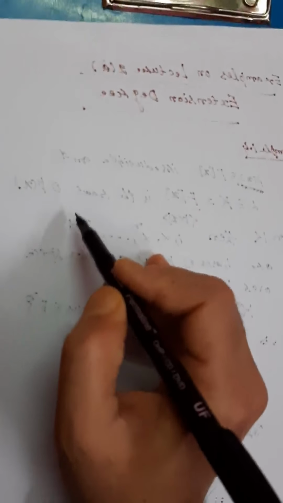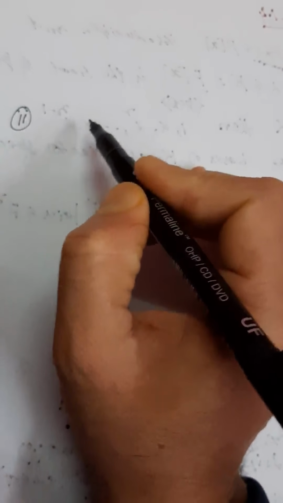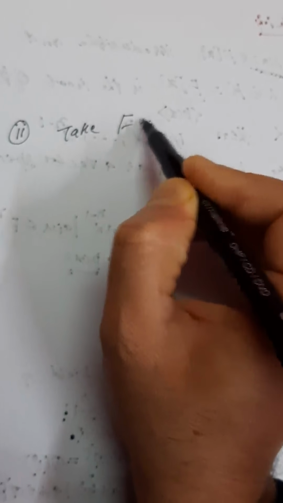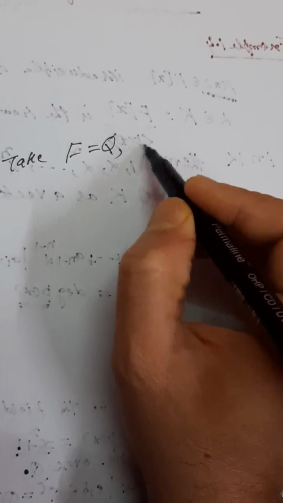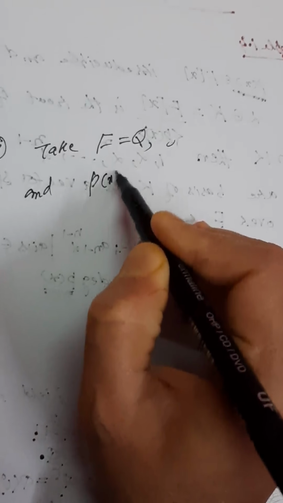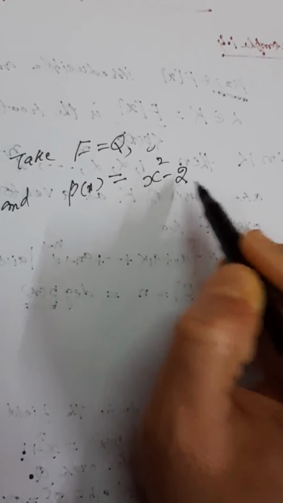Now the next example, the second part of this example. Again take F equal to Q, the field of rational numbers, and take the polynomial p(x) equals x square minus 2.